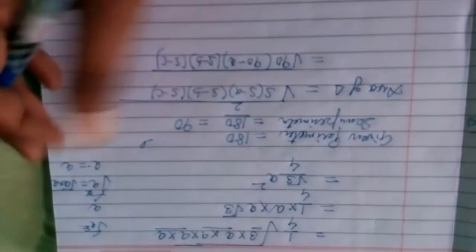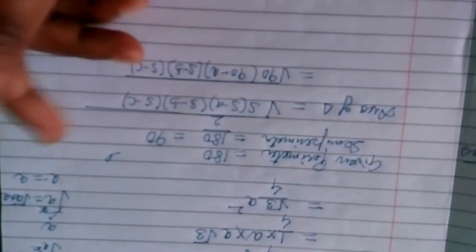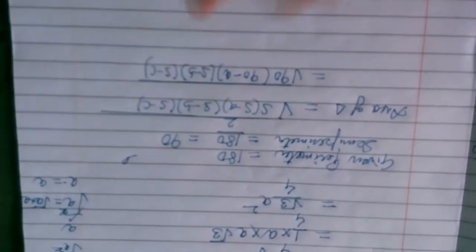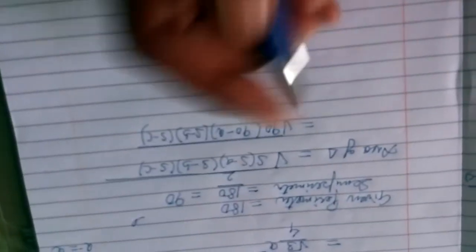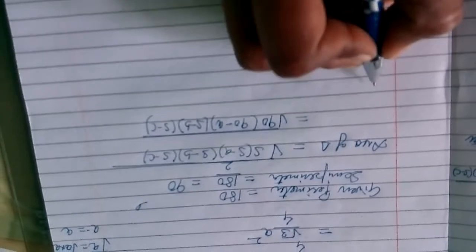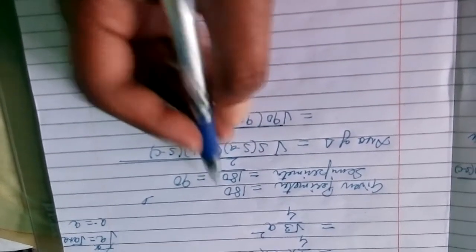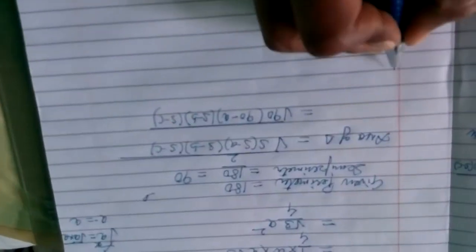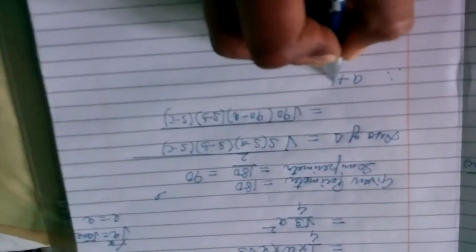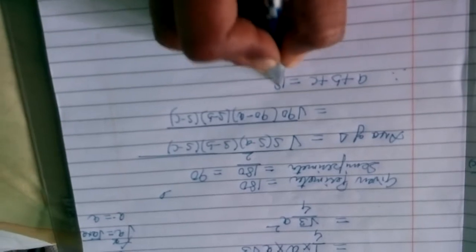Now what is given, and how will we find the values of a, b, c firstly? Let us see how we will do this. We know the perimeter is 180, that means a plus b plus c is equal to 180.